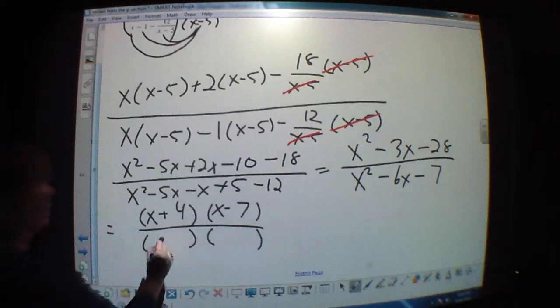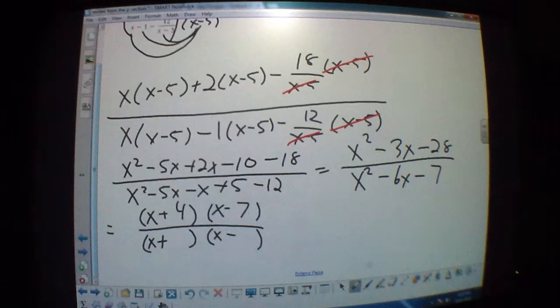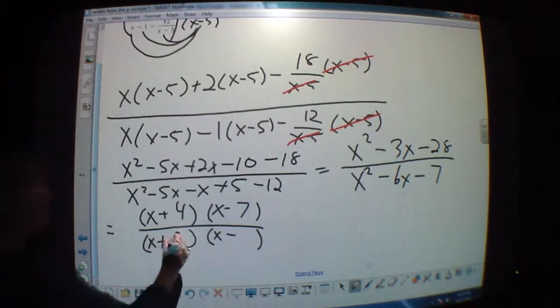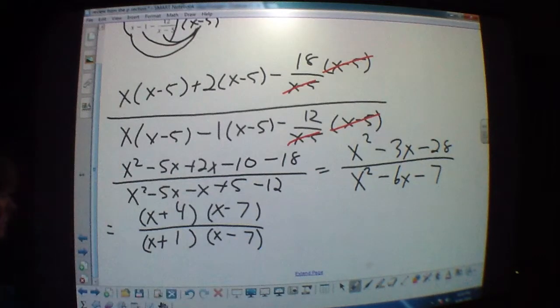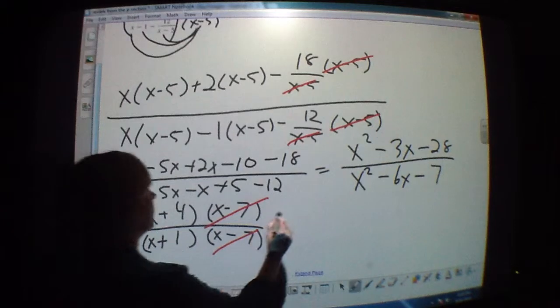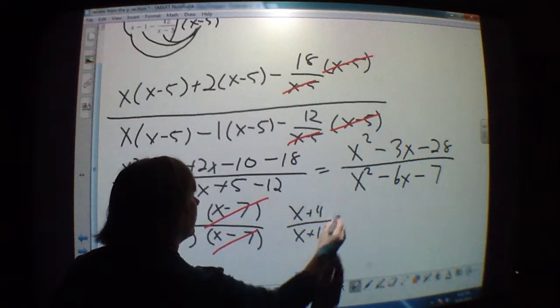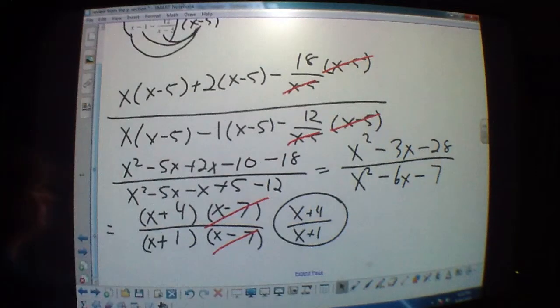Here again, it's a plus and a minus with your x's. 1 and 7 is the only thing that could work, and it looks like it does. Cancel, cancel. Your answer then is x plus 4 over x plus 1. Done.